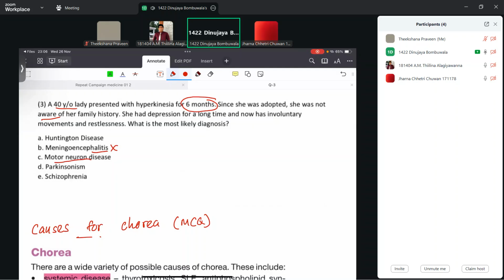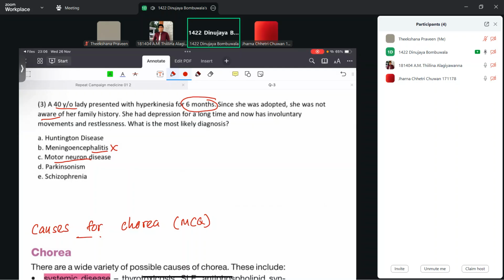There will mostly be muscle weakness. In ALS, amyotrophic lateral sclerosis, there will be muscle wasting and muscle weakness, but not hyperkinesia or involuntary muscle movements, except that muscle twitching.